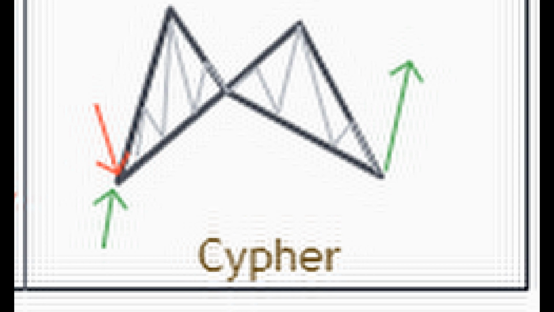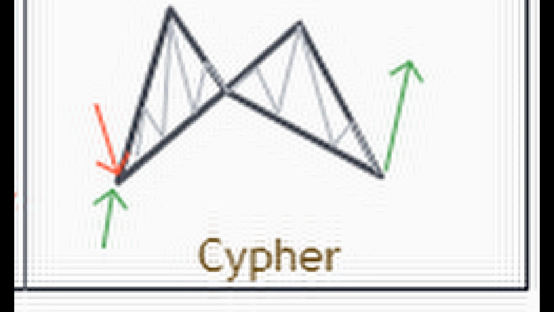What does that require? The BC leg should not exceed the 1.414 Fibonacci extension of the AB leg. The CD leg should complete near the 1.272 Fibonacci extension of the XA leg. Point D is the potential reversal point.